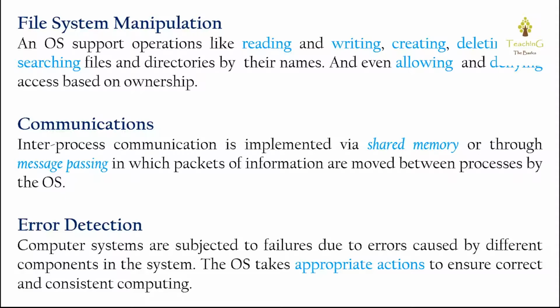Let us suppose if some input output device operation fails, it is going to take some action depending on that particular failure. All of these error detection techniques and problems are handled by operating systems.